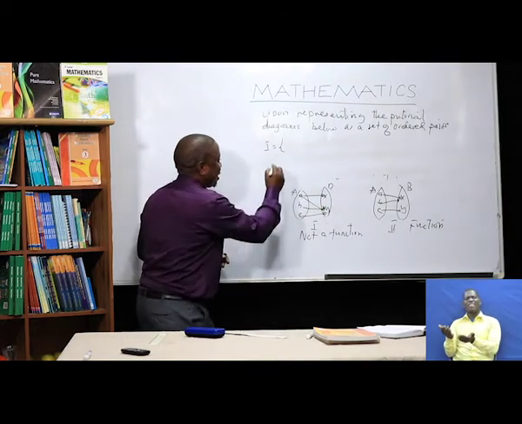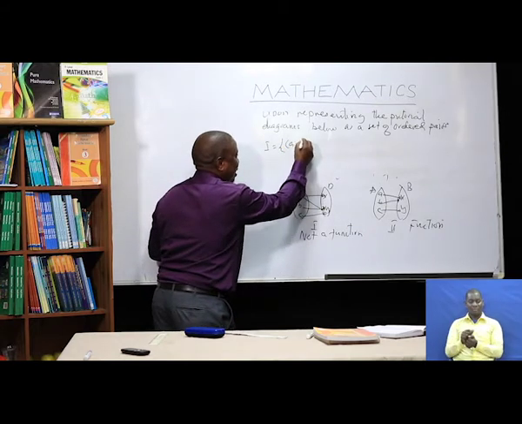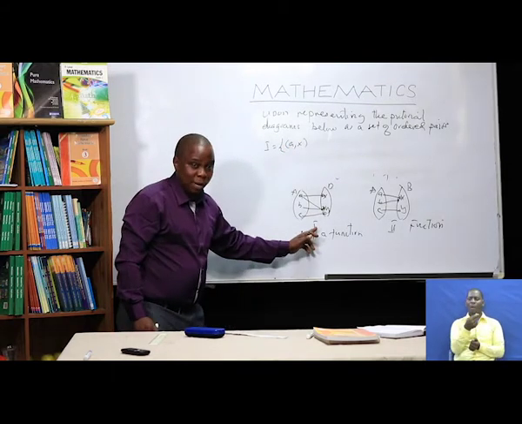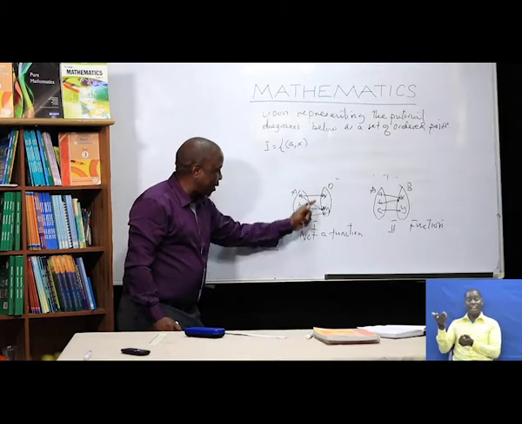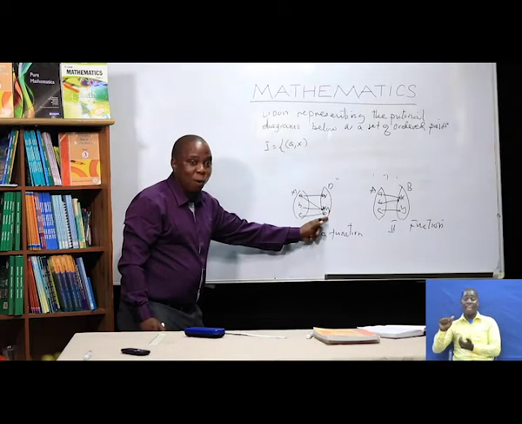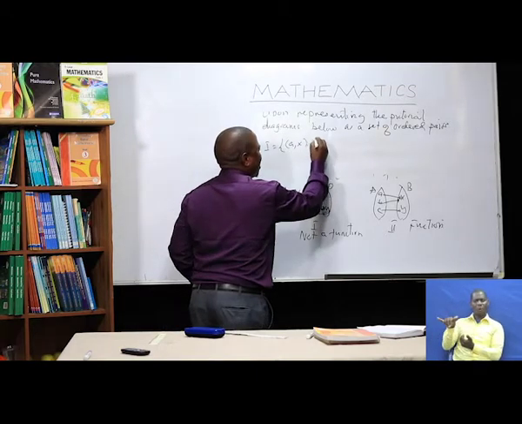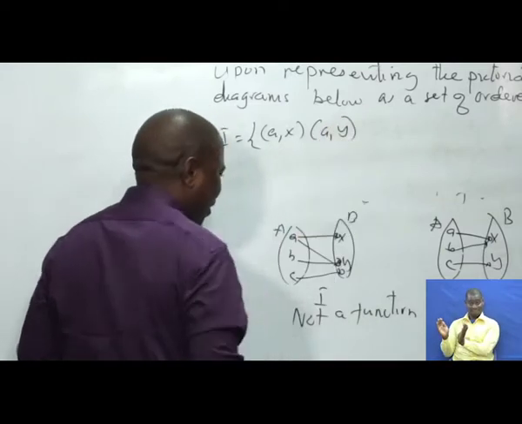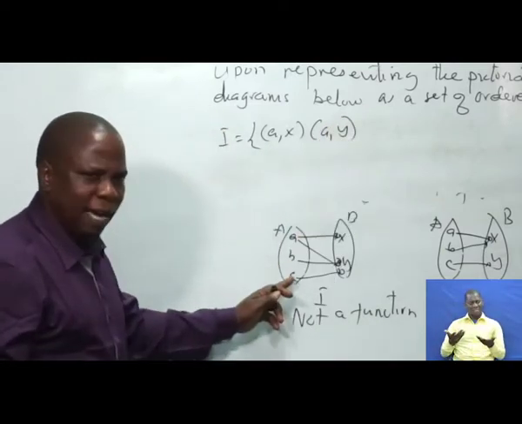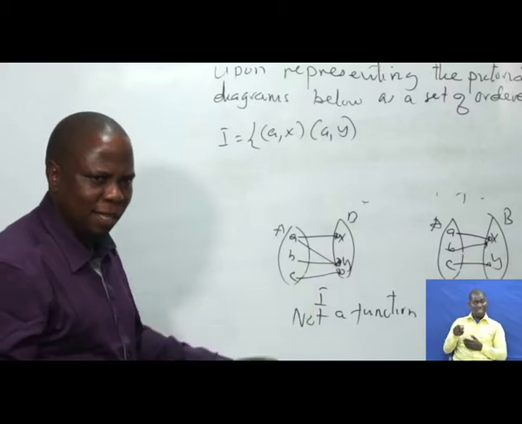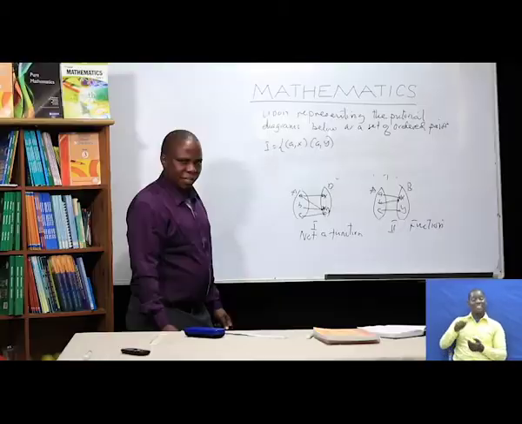which can be represented A, X. That's the first ordered pair from this one. The second ordered pair from this one is A, Y. Is there any other ordered pair from the first illustration? Yes, there is.